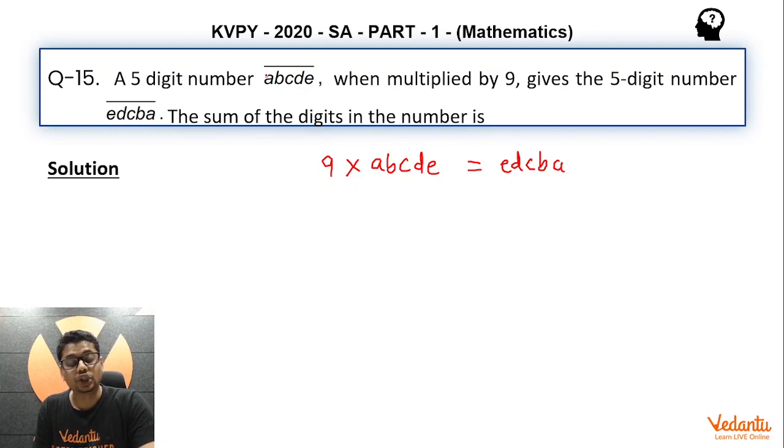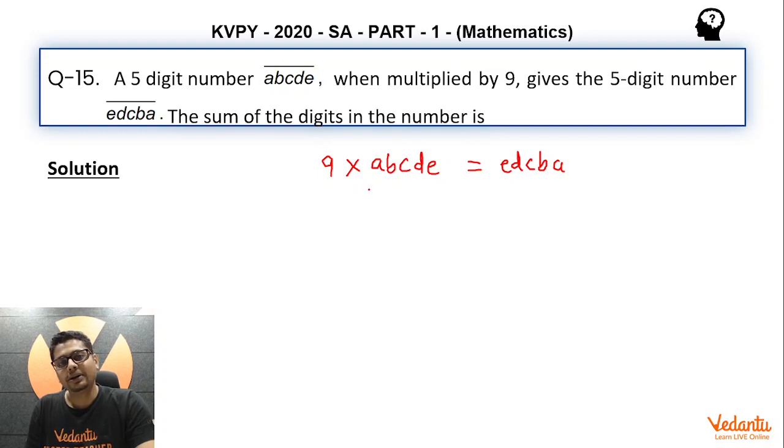And A is not 0, because this is supposed to be a 5-digit number. Similarly E would not be 0, because EDCBA is again supposed to be a 5-digit number, where A is the unit place digit, B is the tens place digit, C is the 100 place digit, so on and so forth.